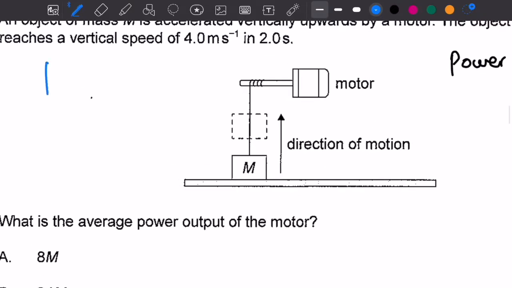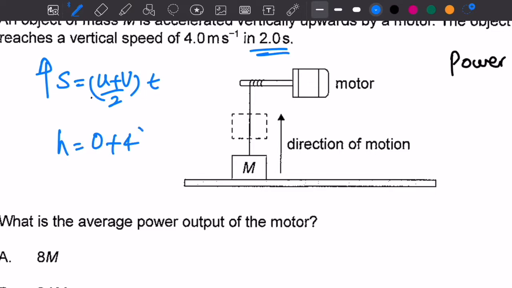So first, I want to know how much height the object has risen within 2 seconds. So I write S equals U plus V over 2 times T. From there, H equals 0 plus 4 divided by 2 times time 2. From there, I can see the height the object rises is 4 meters.